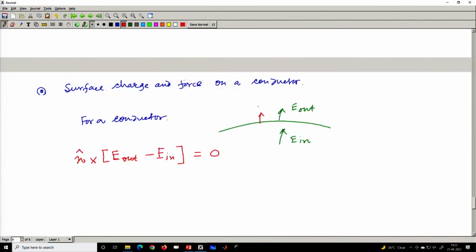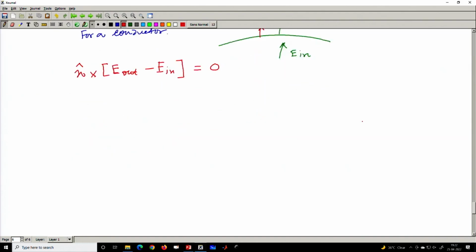Now I am changing it, say this is my n direction and this is the boundary. Another equation is n dot E out minus E in, I should put the vector sign here, is sigma over epsilon 0.